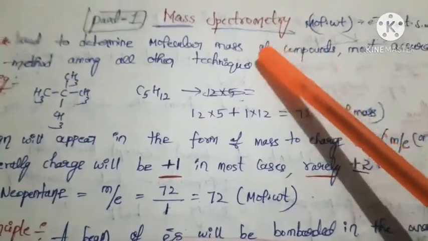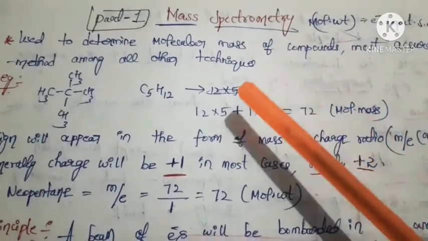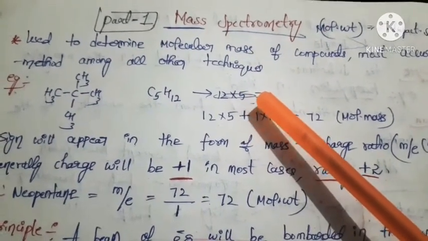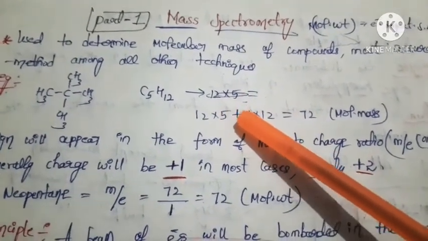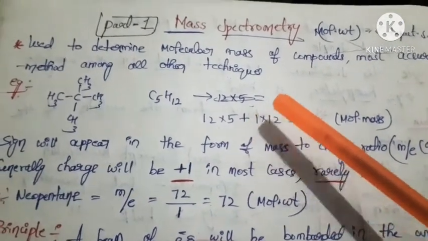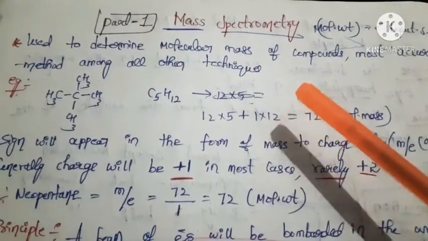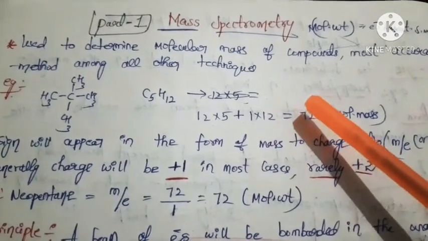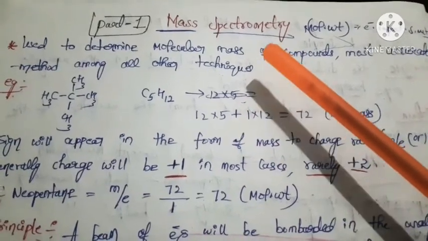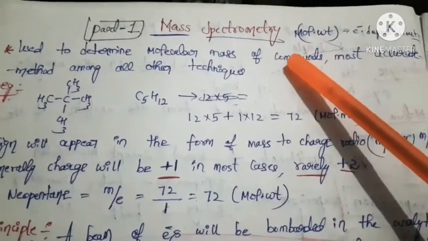Spectrometry means here the sample and electromagnetic radiation are not interacting at all. Here the sample is interacting with high energy beams, or we can say high kinetic energy electron beams, so here we are using the suffix spectrometry. Hope you understood friends.